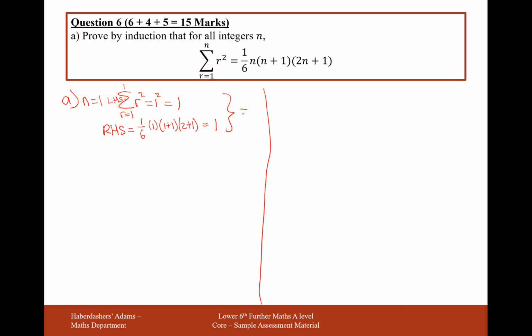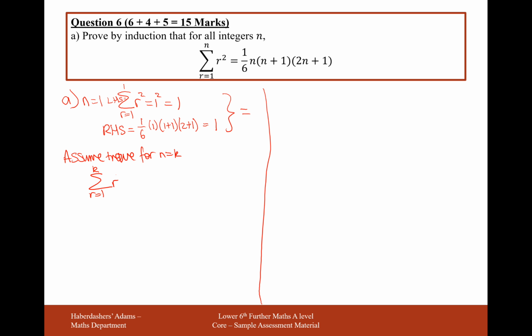The next step is we assume our theorem is true for n equals k. So therefore the series of 1 up to k of r squared is equal to 1 over 6 k, k plus 1, 2k plus 1.